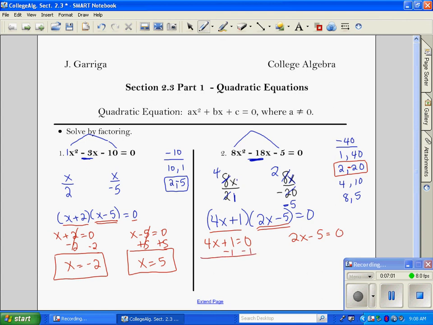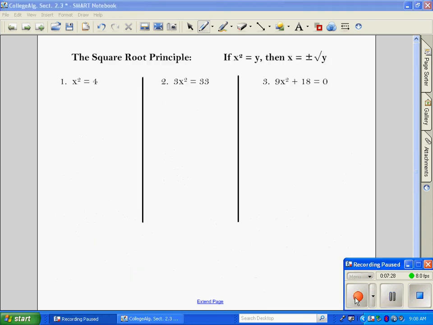So subtract 1, divide by 4. So this one is x equals negative 1/4, one of the solutions. And I come over here and I finish solving to get 2x equals 5, divide by 2, and x equals 5 halves. So my solutions are negative 1/4 and positive 5 halves.